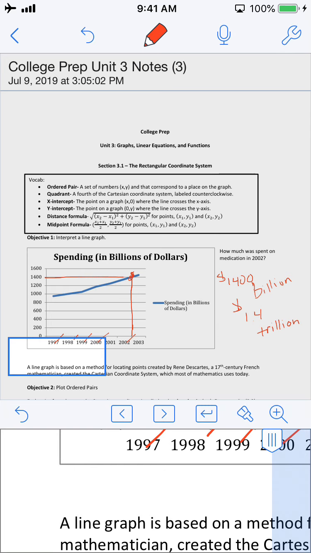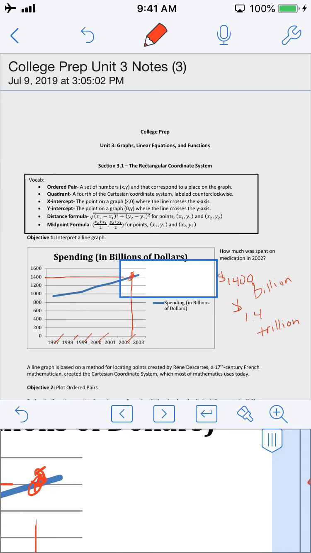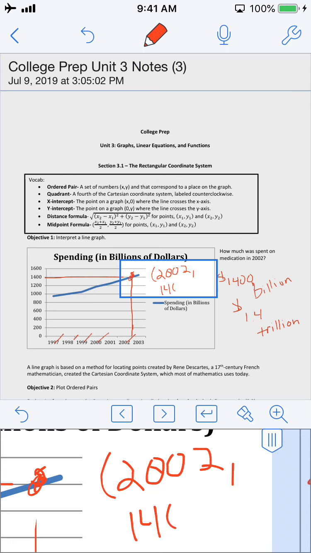This next thing we're going to talk about is ordered pairs. Now on this line graph, we have an ordered pair. We have the ordered pair 2002, comma, 1400. And this is kind of where you can tell the difference between real life and math class. Math is a different language.